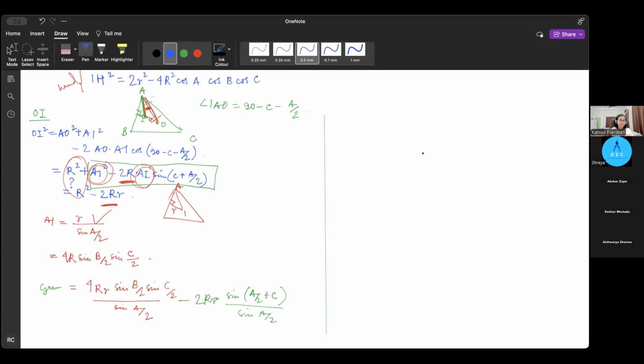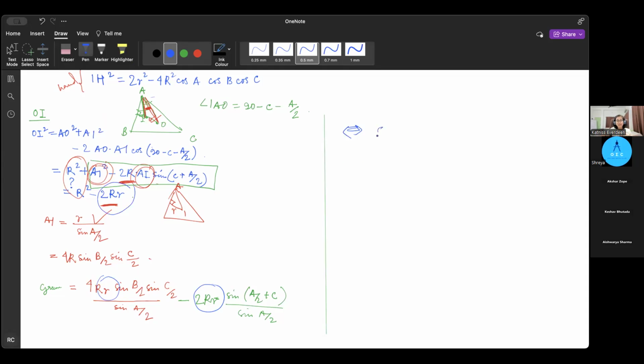Anyway, so that means what are we reduced to show? We are reduced to show that this 2RR, and from here we'll get a 2RR somehow, and we want to show that it's equal to 2RR. So what are we just reduced to showing?